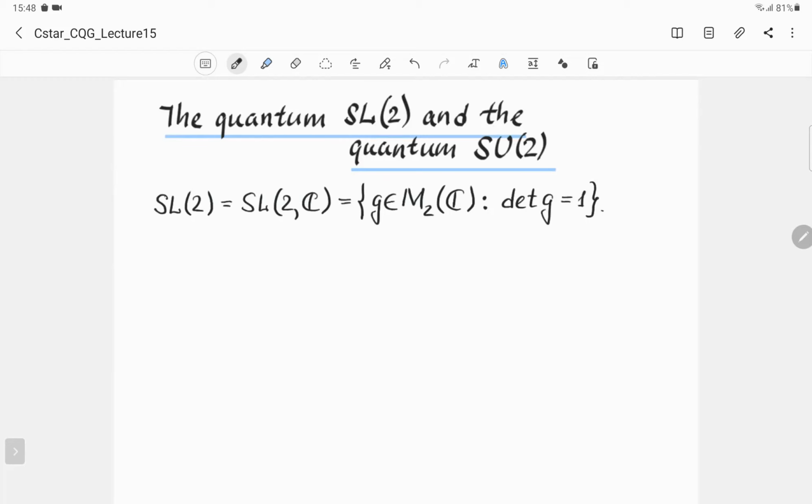And let's look at the following map. Let's denote by sigma the map from SL2 to itself, which is given by the following formula. Sigma of G is G bar transpose and inverse.